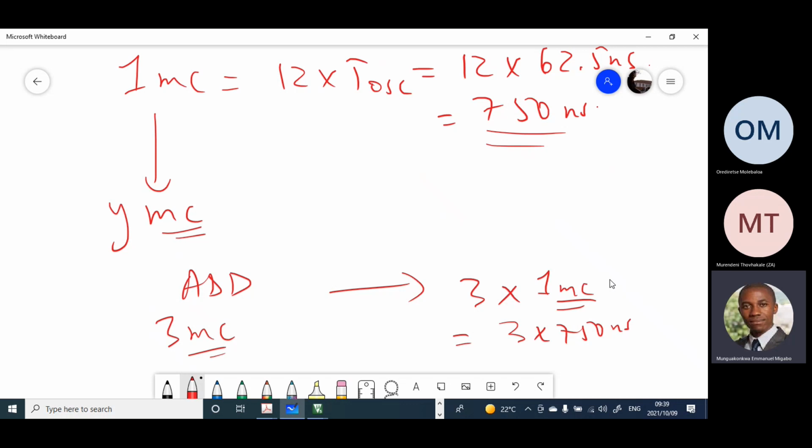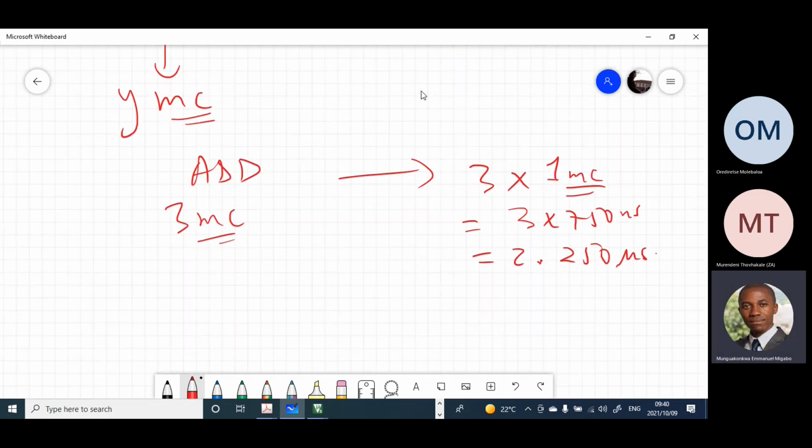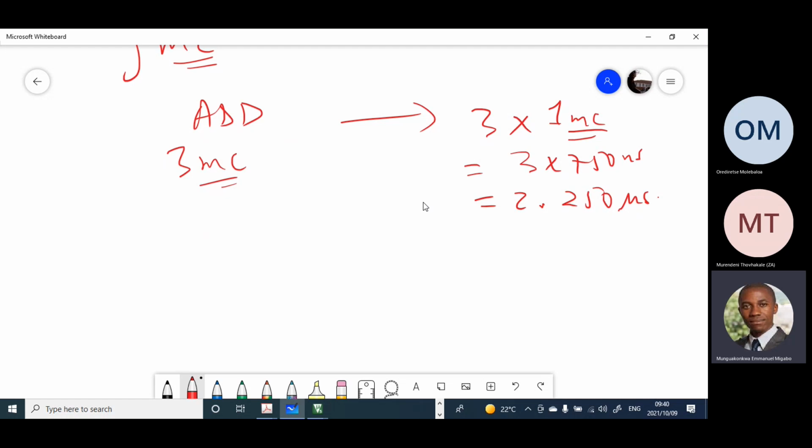So then addition on this specific computer system, on this specific microcontroller, would take a total of 2.250 microseconds.